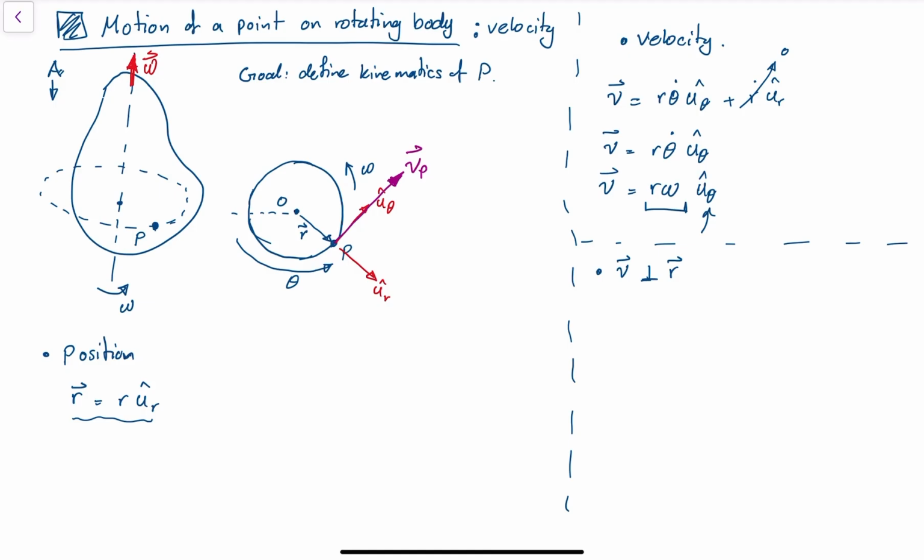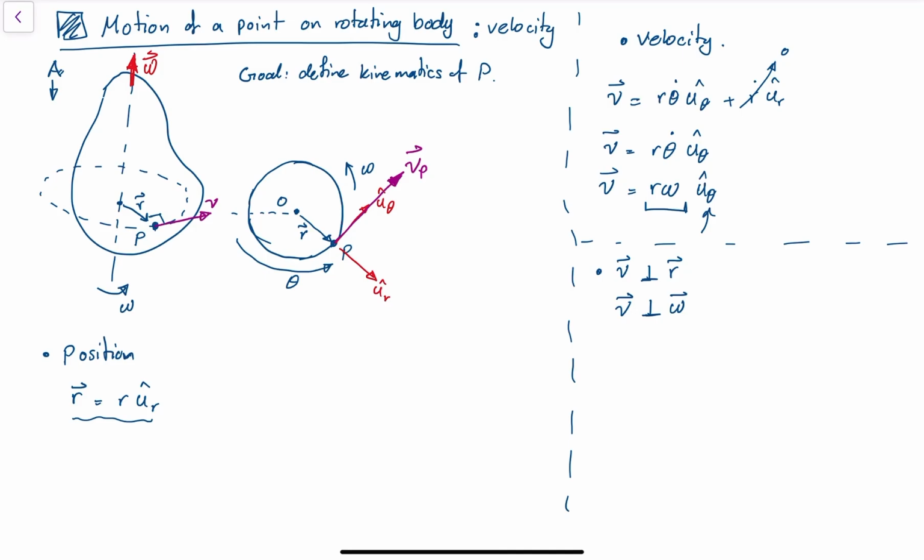And also v, let me draw it color coded. This is v and this is r. This is 90 degrees. But also note that v is inside the plane that is perpendicular to the axis of rotation. So v is also perpendicular to your vector omega.